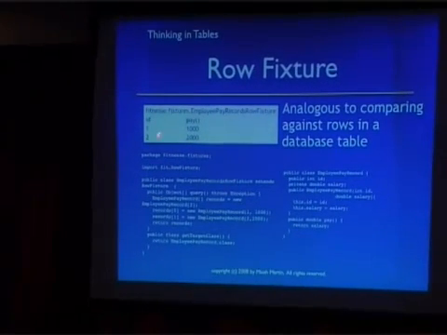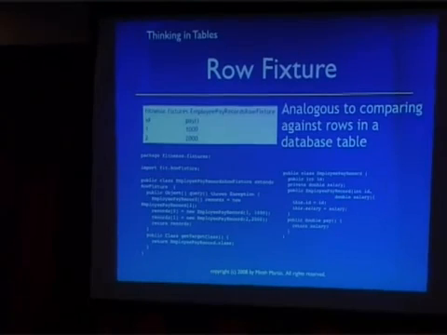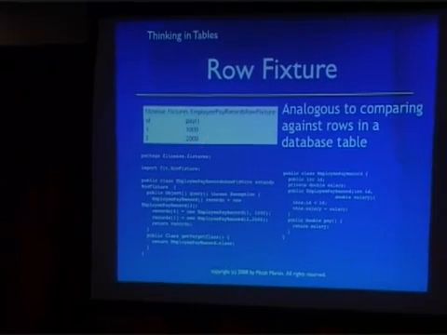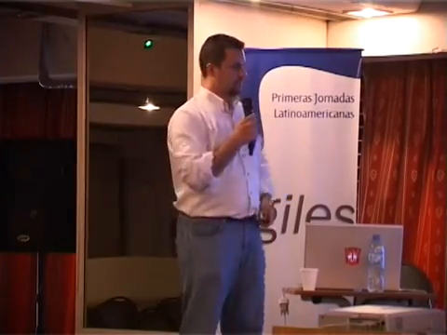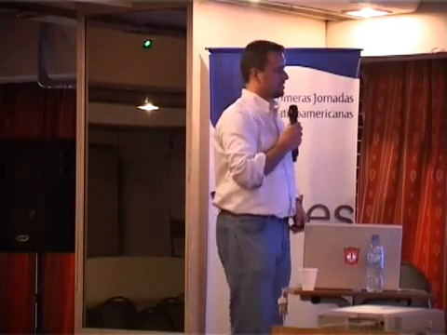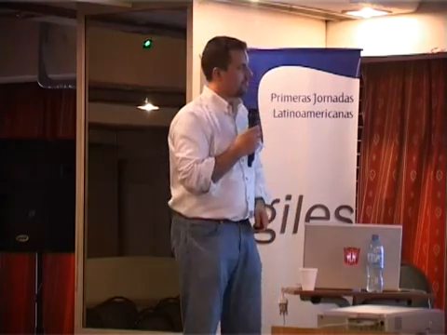It failed. If one of these records was missing, it would turn red and fail. If employee 2 was paid a different amount, again, this test would fail. So a row fixture is for pulling data out and testing all the data. Any more questions before I move on?